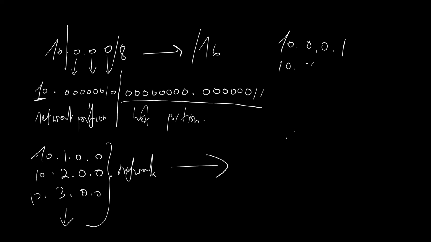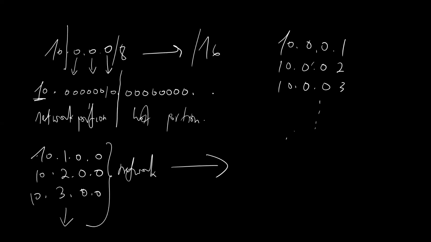The second address, 10.0.0.2. 10.0.0.3. It increases. When we get to all ones here, when all these zeros are ones, it means our address will be 10.0.0.255.